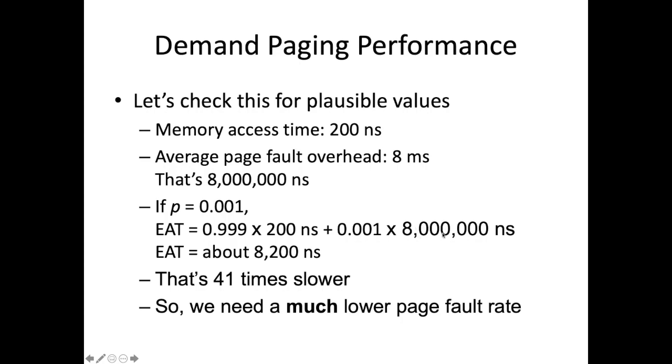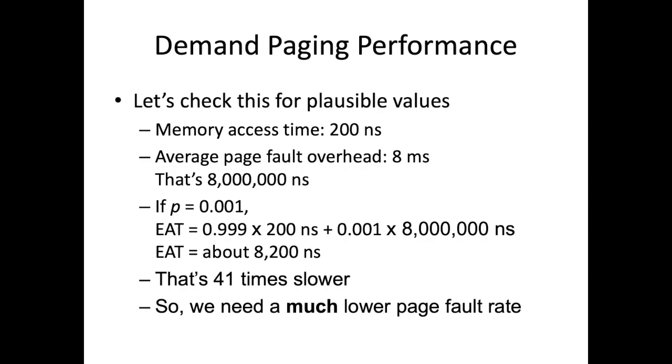And that cost is so big that even with this tiny page fault rate, it still gives you an average effective access time of 8,200 nanoseconds, which is 41 times slower than if you didn't page fault. So this shows even with what seems like a small page fault rate of 0.1%, that's still an unacceptable amount of overhead.